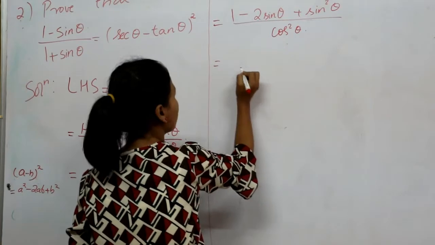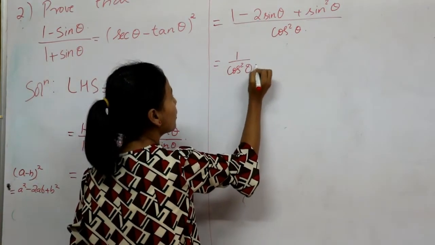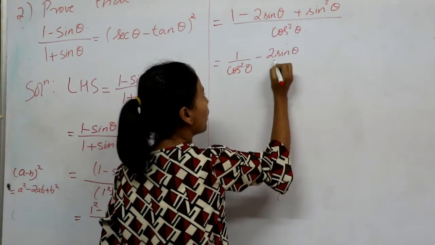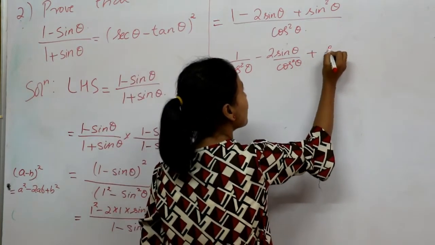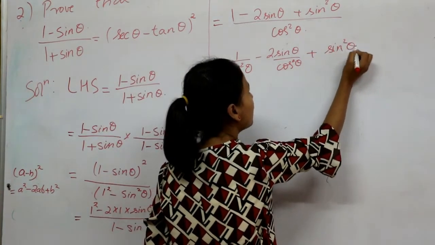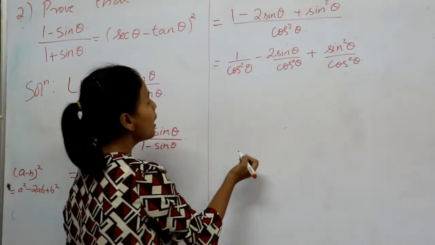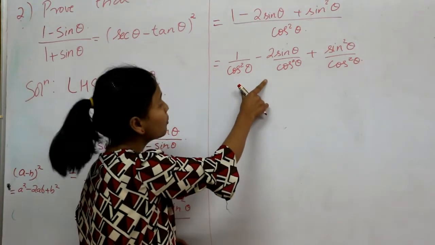In the next step, you write this one, 1 by cos square theta minus 2 sine theta by cos square theta, right, plus sine square theta by cos square theta. Okay, now you see here, let's take an example to make you more clear.